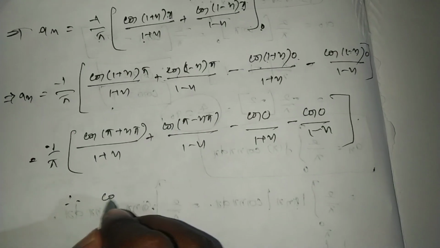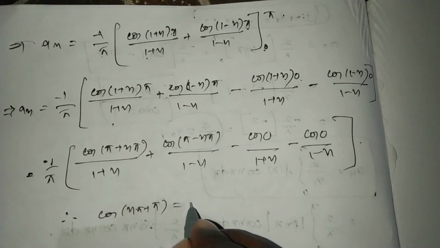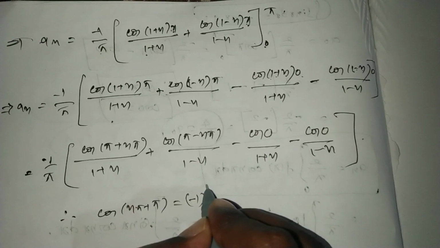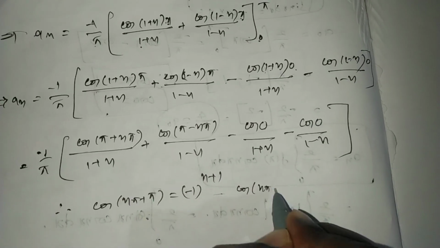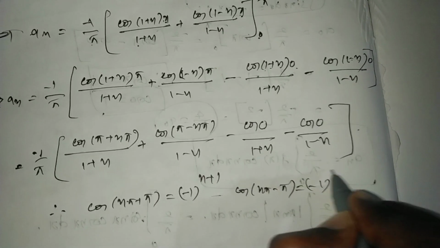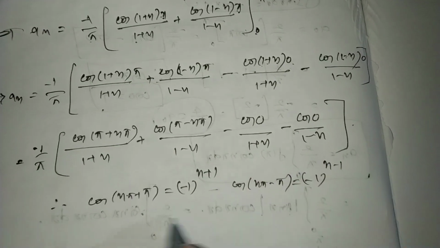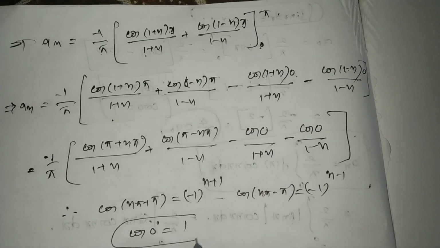Therefore we know that cos of (n pi plus pi) is equal to (minus 1) to the power of n plus 1, and cos of (n pi minus pi) is equal to (minus 1) to the power of n minus 1, and cos 0 is equal to 1.